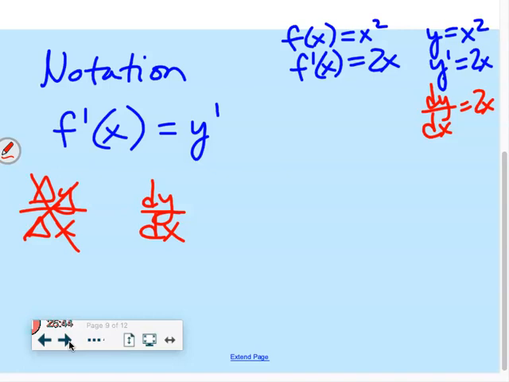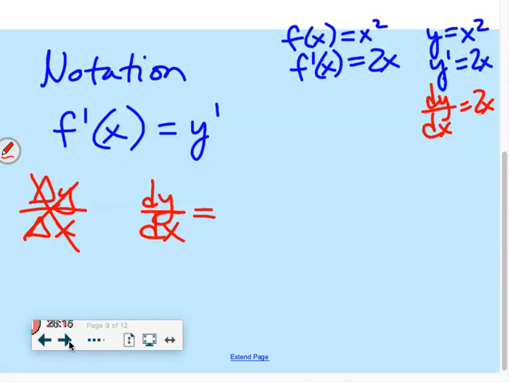There's more. If you think of this as a fraction, which it really is, we won't tear it apart for a while. We will eventually tear this thing apart and treat it as a fraction, but right now you think of it as just one thing. If it really was a fraction, this is d of y and d of x, the derivative of y, the derivative of x.